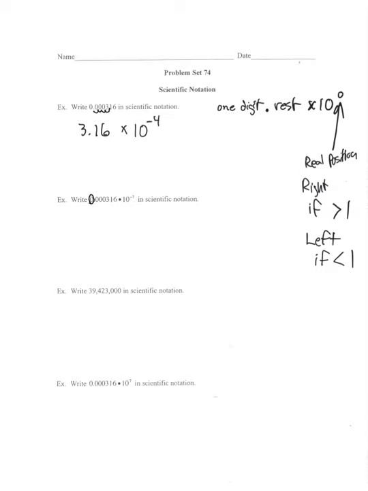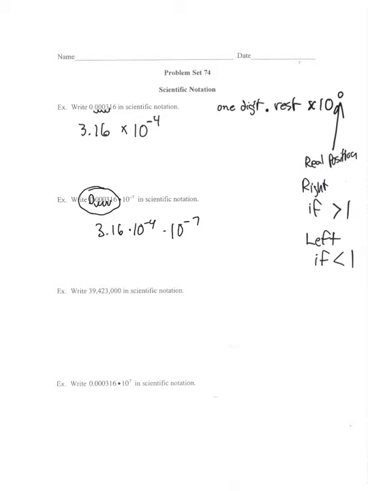So if I adjusted this part using scientific notation, I would put 3.16 times 10 to the, again, 1, 2, 3, 4, 10 to the -4th, times 10 to the -7th. And this is not in scientific notation because we've got 2 powers of 10 here.